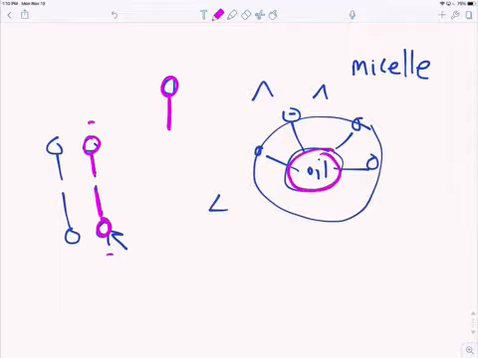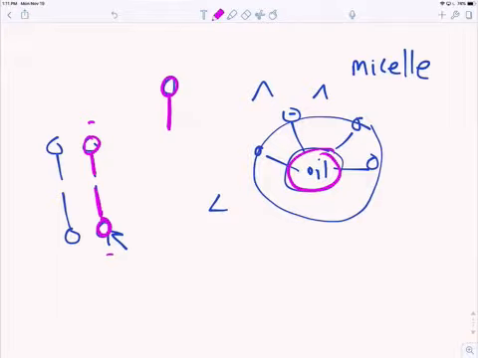It's a phospholipid bilayer. So you have a phosphate group attached to a lipid, and you have two of them, a bilayer. And that is how cell membranes work. That way your cell membrane is only 2 molecules thick.